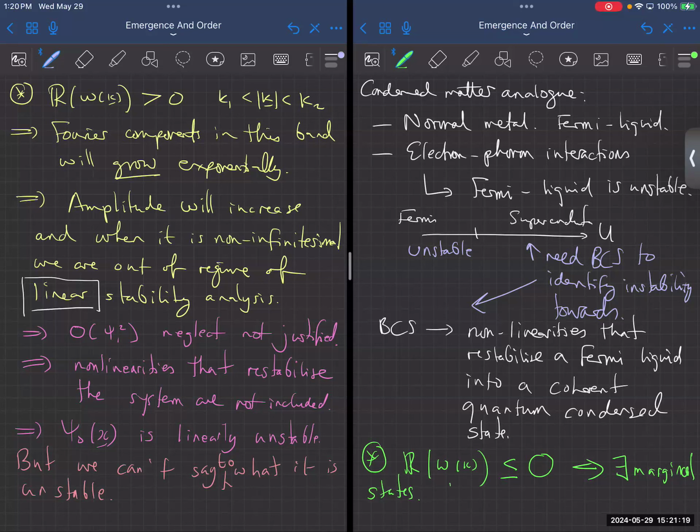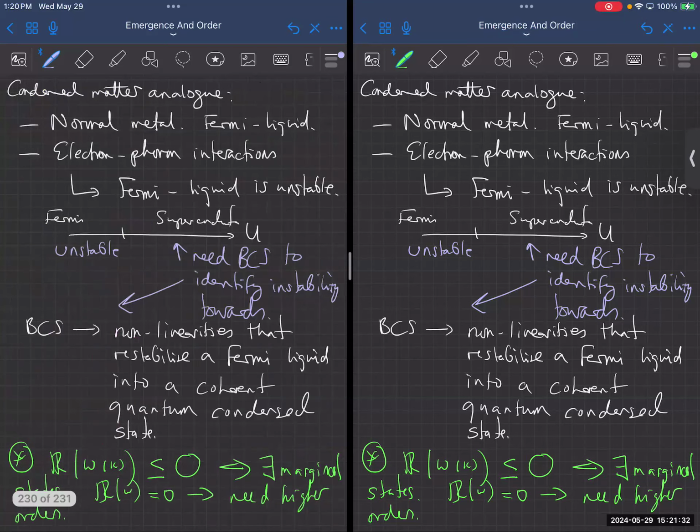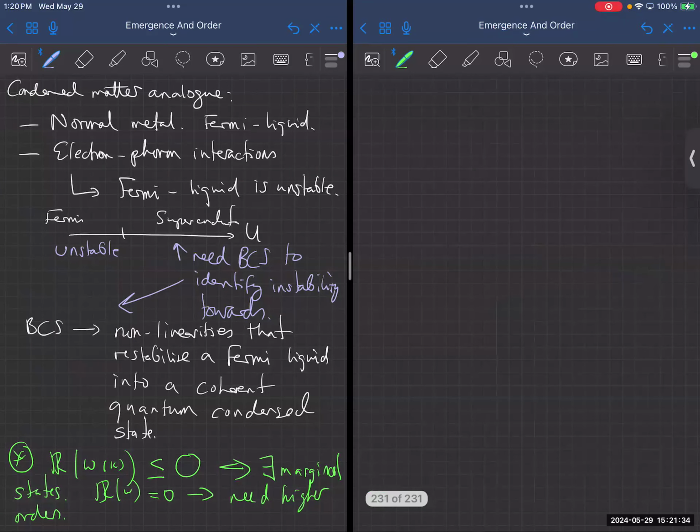And if they have real omega equals 0, then you need higher order terms, because linear stability analysis is not going to be able to tell you.